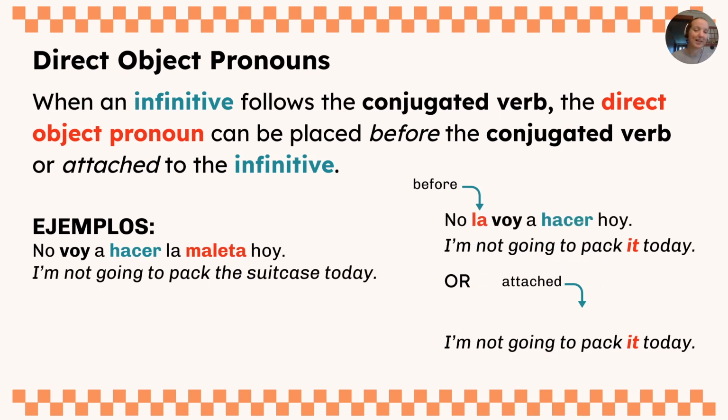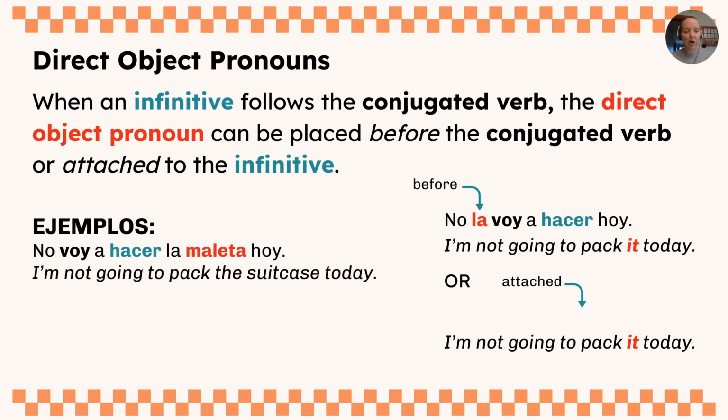For this first example, you should have gotten no la voy a hacer hoy. We know that la is going to be the object pronoun that we use because maleta is feminine and it is singular. Now let's try attaching our object pronoun to the end of our infinitive. Hacer is our infinitive in this sentence. We're going to attach la to the end of hacer.